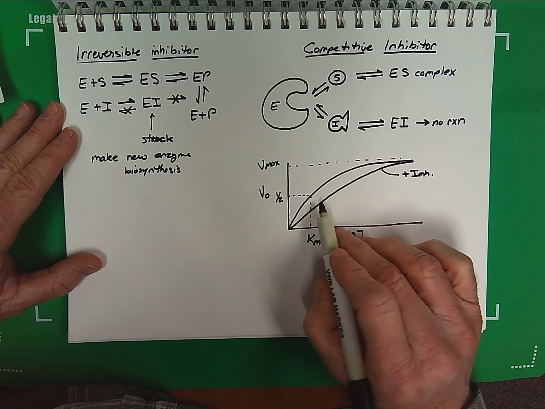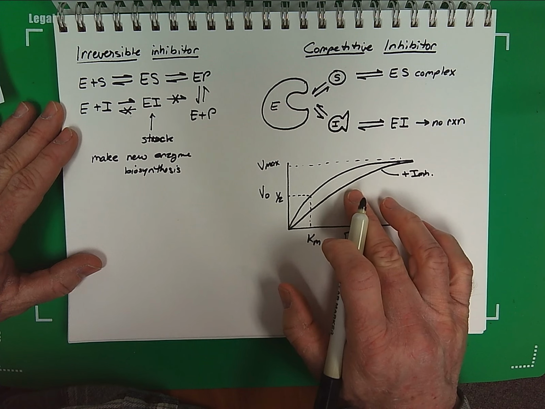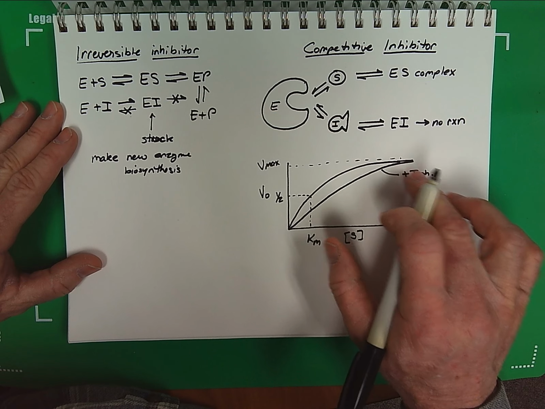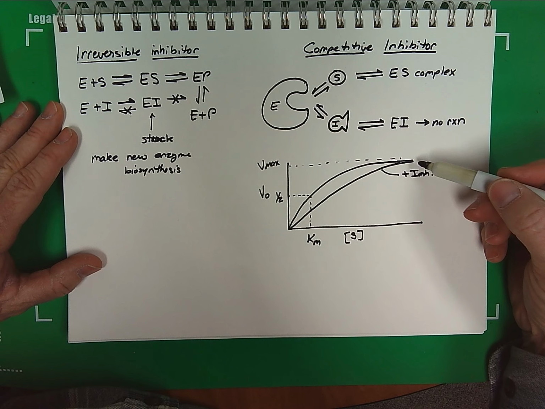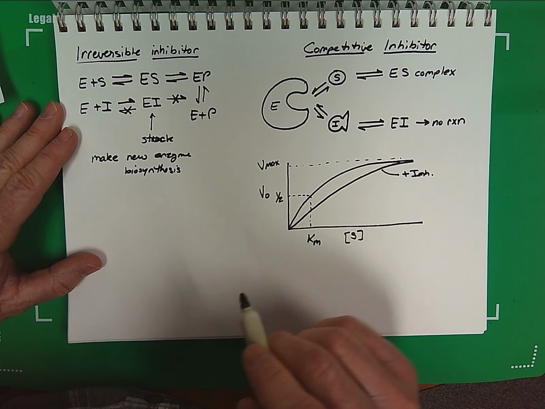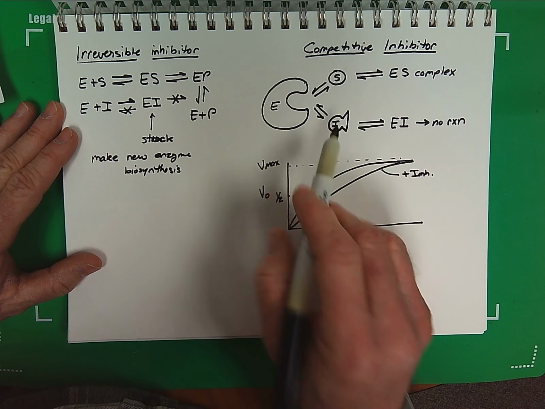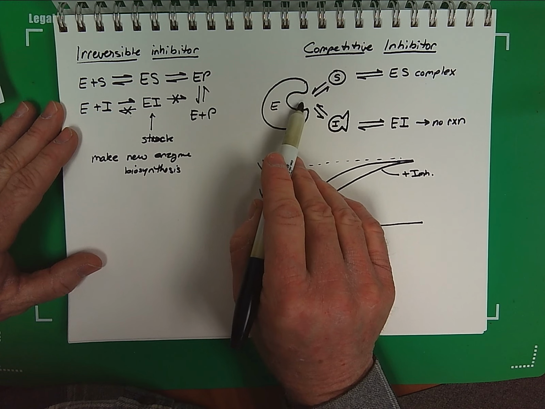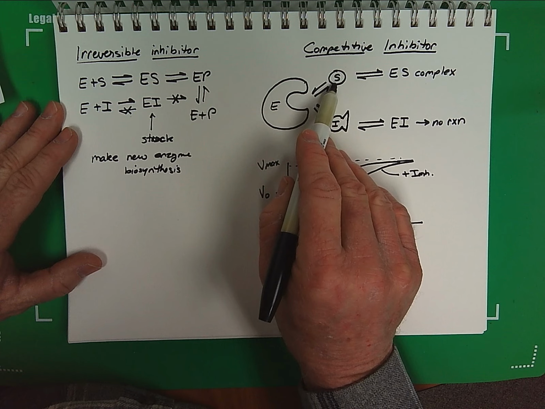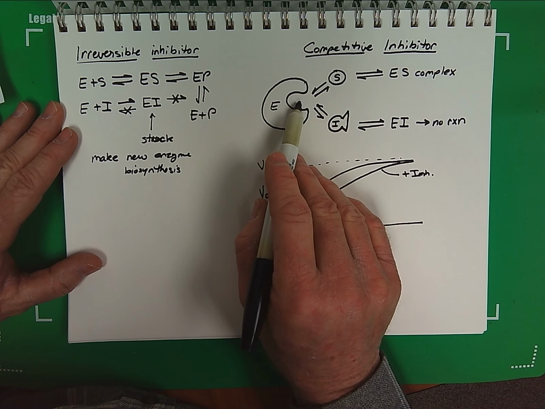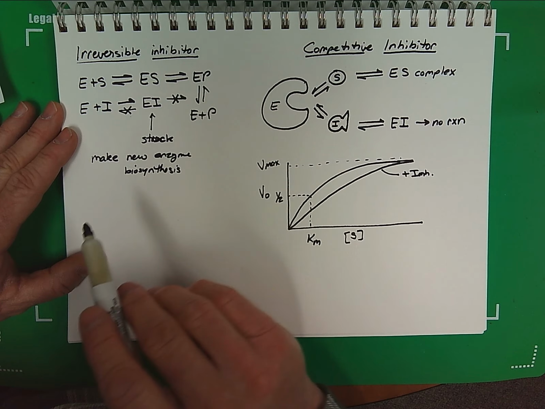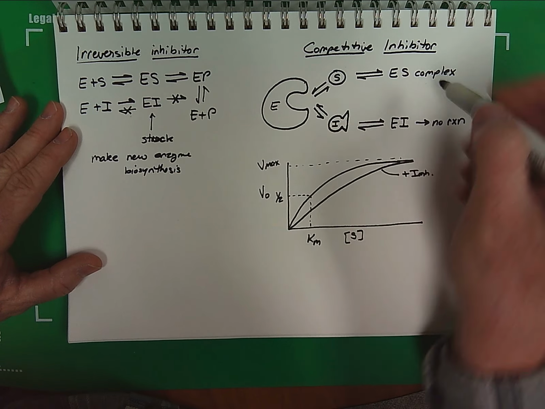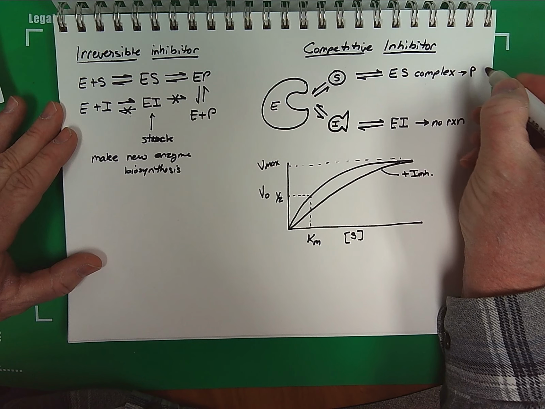Now notice that eventually here, with the inhibitor at a single concentration, if you add enough substrate, you can outcompete the inhibitor from binding to the active site and thus achieve Vmax. So with enough substrate, you will displace the inhibitor binding, by probability. With higher concentrations of substrate, the substrate has more opportunity to occupy the enzyme, so that the inhibitor now has no effect on overall enzyme activity, and then this can form product.